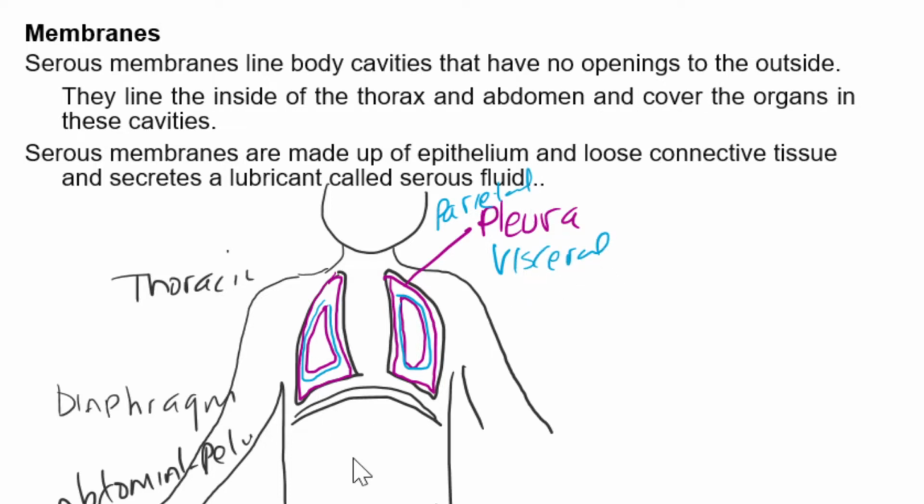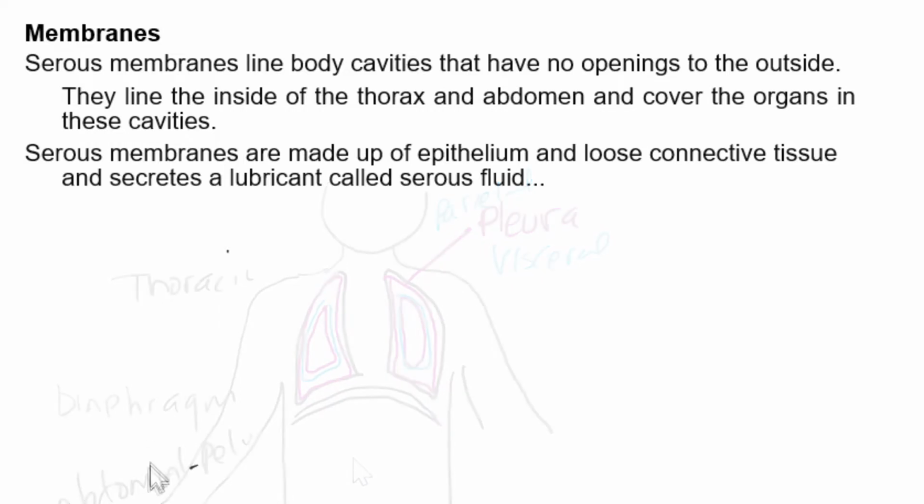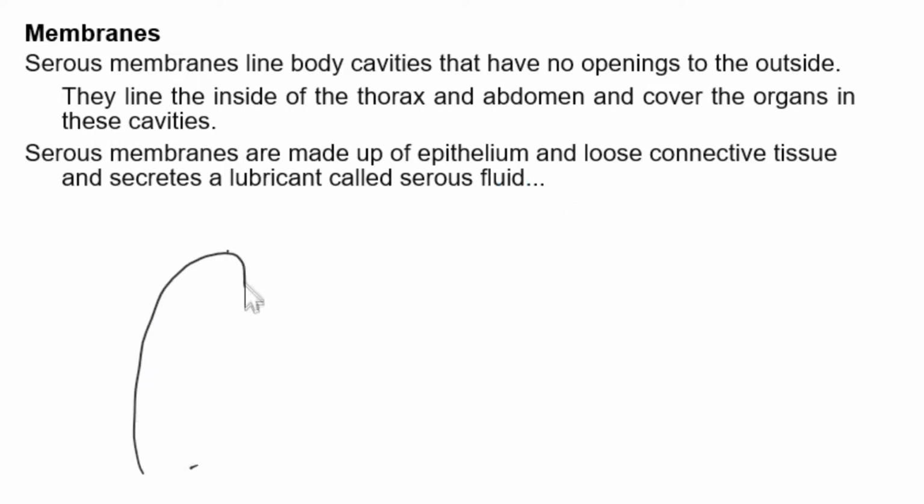Now the interesting thing about these: pretend this is the right lung. And it does connect, right? We have the bronchioles, we have all the big vessels and all this kind of stuff. So we have the bronchi, which attach to the trachea and all that jazz. We'll get into that later. And we have the large vessels.